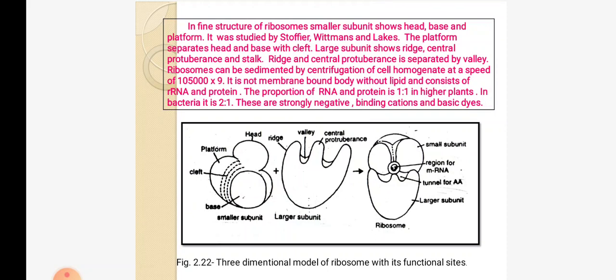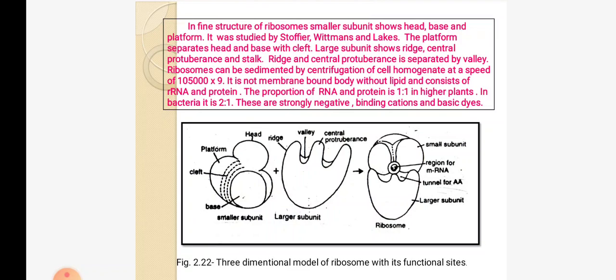Now we will see the fine structure of the ribosome, which shows the smaller subunit with head, base and platform. It was studied by Stoffler, Wittmann and Lake. The platform separates head and base with a cleft. The large subunit shows ridge, central protuberance and stalk. The ridge and central protuberance are separated by a valley region.